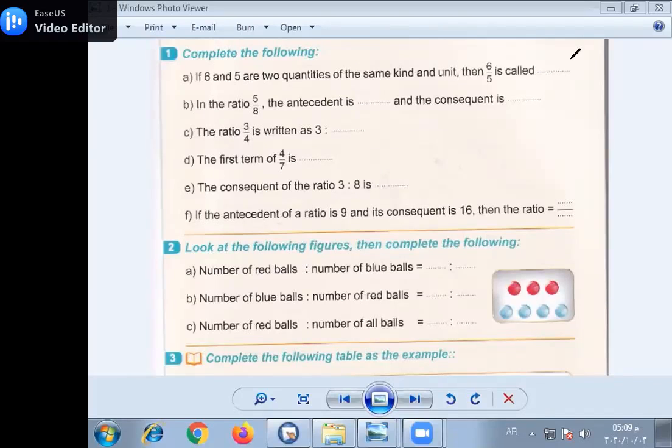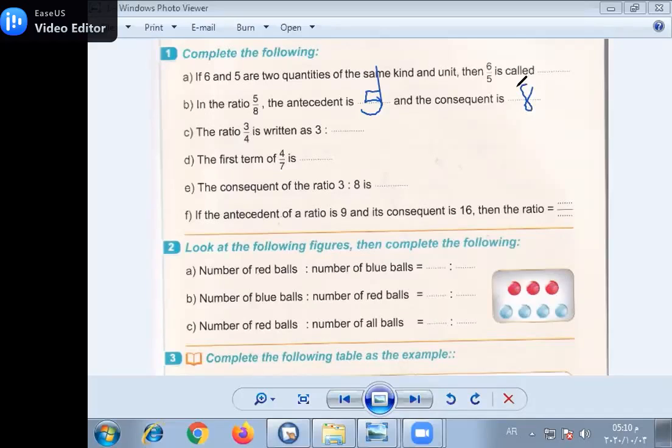So the first number or the first term in this ratio is called antecedent, and the second is called consequent. So the first is 5, and the second term is 8.